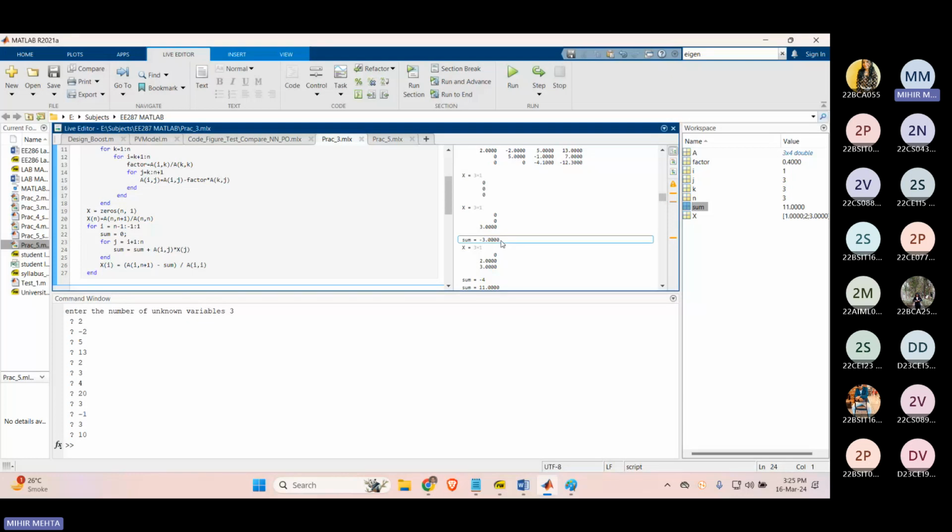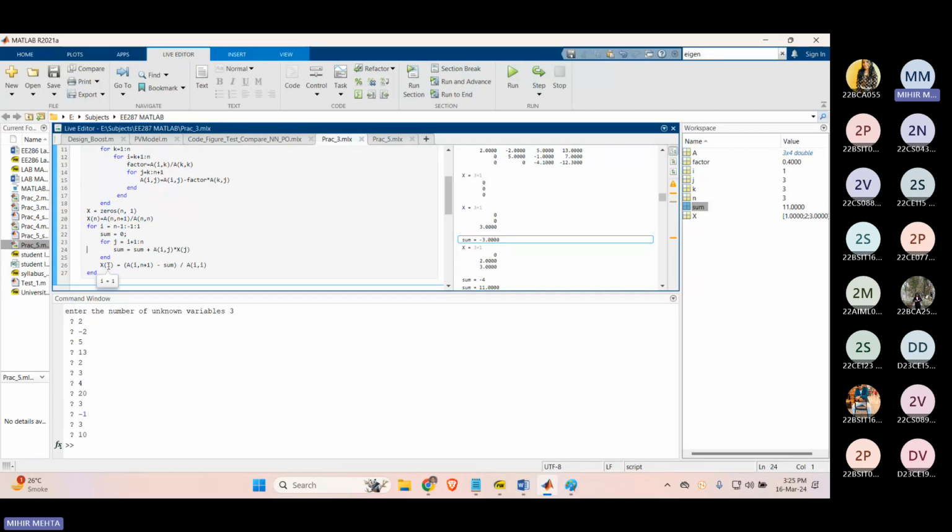Once this has been minus 3, what I do is my x of i, that would be a of i comma n plus 1, where i is 2 and 2 plus 1 becomes 4, minus sum divided by a of i comma i. So this would ultimately give me my second value of x, because my i here is 2.